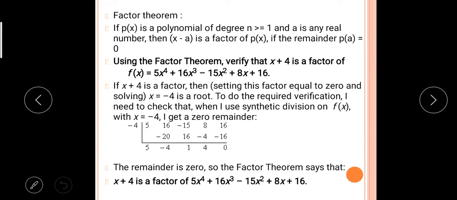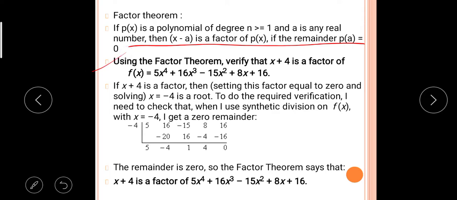If p of x is a polynomial of degree n, the degree of the given polynomial should be greater than or equal to 1, and a is any real number, then x minus a is a factor of p of x if the remainder is 0. This is a very important condition. x minus a is a factor when the remainder is 0.